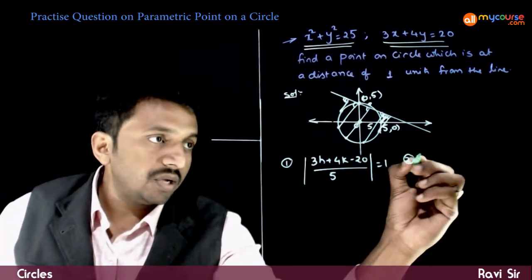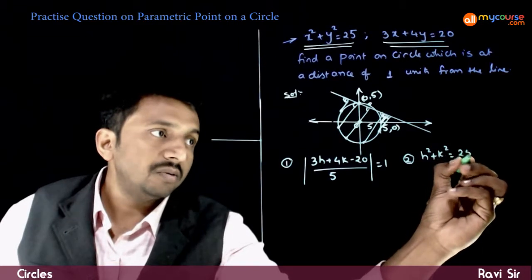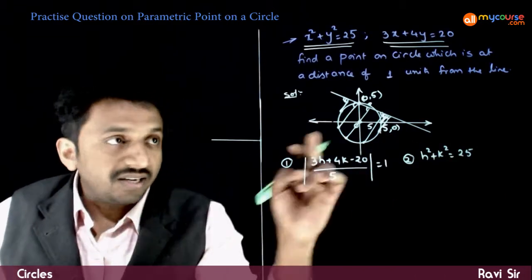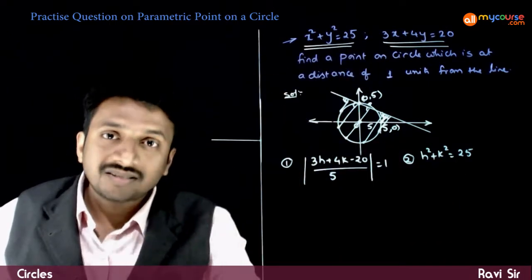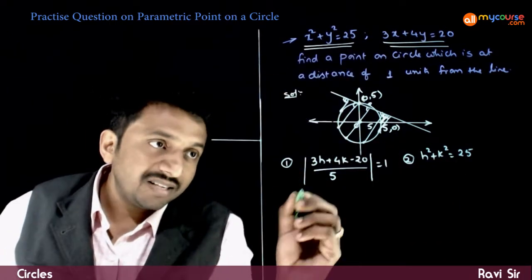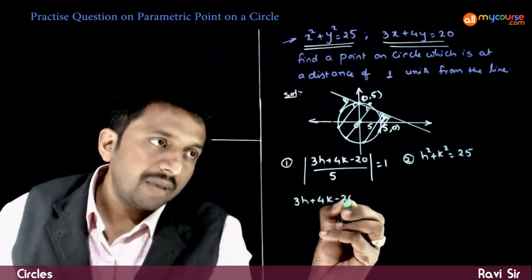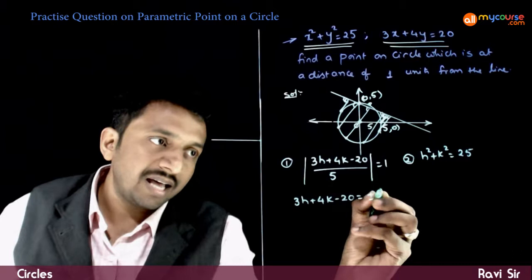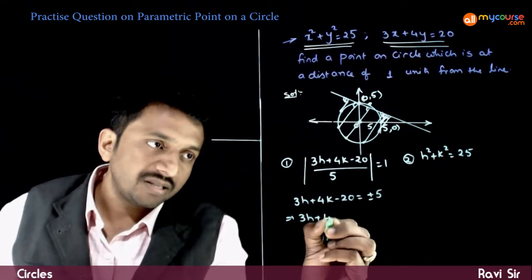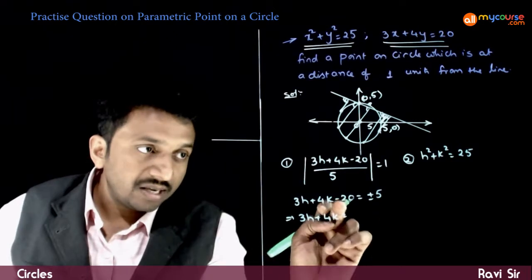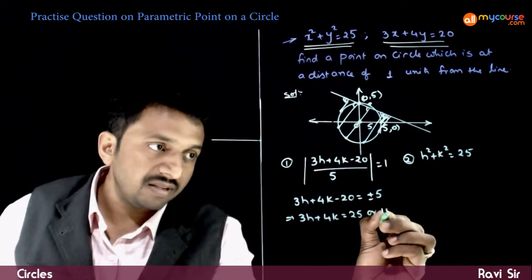And the second equation is h square plus k square is equal to 25. That is, this h, k should lie on this circle. Now from this, 3h plus 4k minus 20 is equal to plus or minus 5. This implies 3h plus 4k is equal to 20 plus 5, which is 25, or 20 minus 5, which is 15.